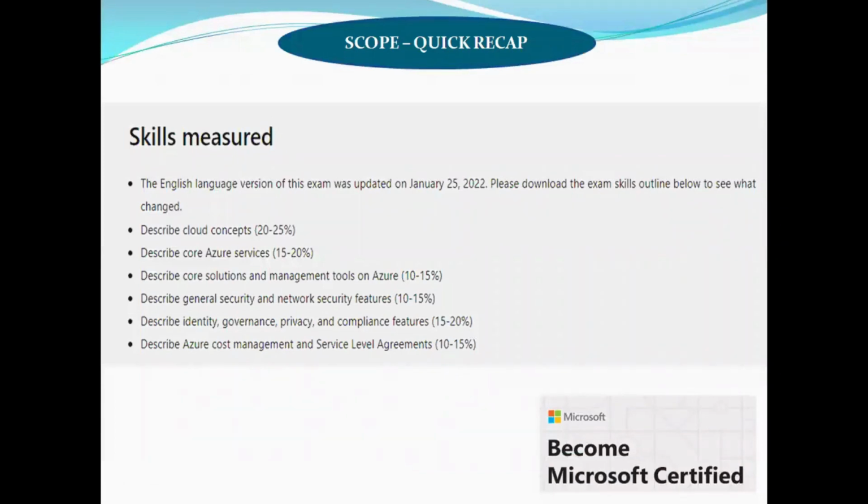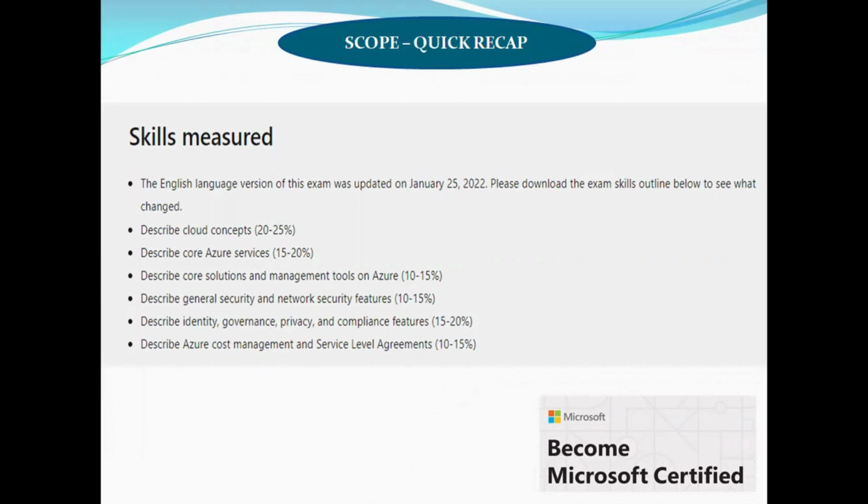Before we move on to chapter 1, let's recap the overall scope of the AZ-900 exam. There are 6 sections overall in this Azure exam. First is Cloud Concepts. Second chapter, Core Azure Services.